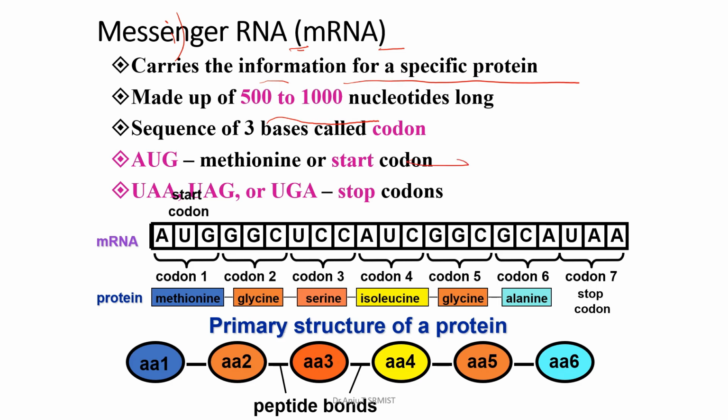This 3-letter code is called the codon. So it is a long strand of nucleotides, but the information is read as a 3-letter code, for example AUG. This gives a meaning, and the meaning is for an amino acid. The next 3 letters, when read, give a meaning, and that meaning is for the next amino acid.